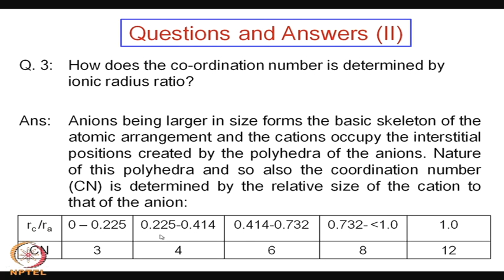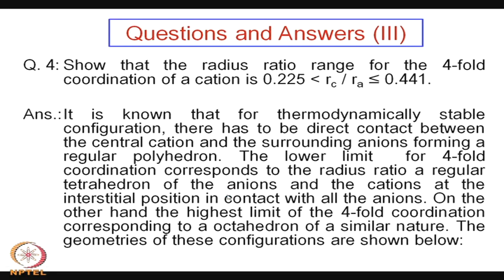This is the next question. How do we justify that yes, if the RC by RA ratio is between 0.225 and 0.414, it becomes the tetrahedral coordination or the 4-fold coordination, and that comes from the basic solid geometry.